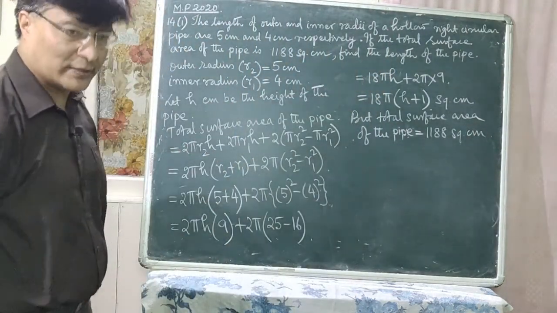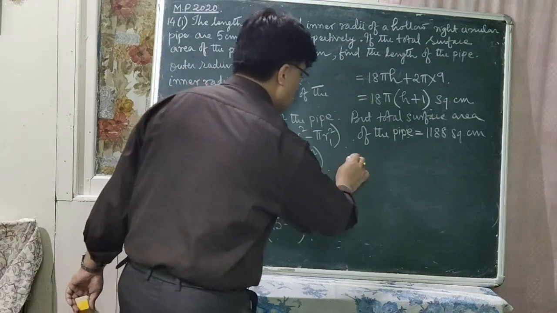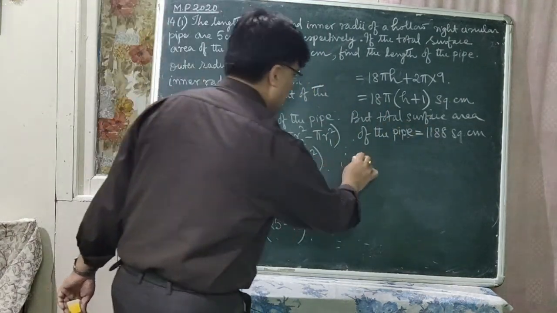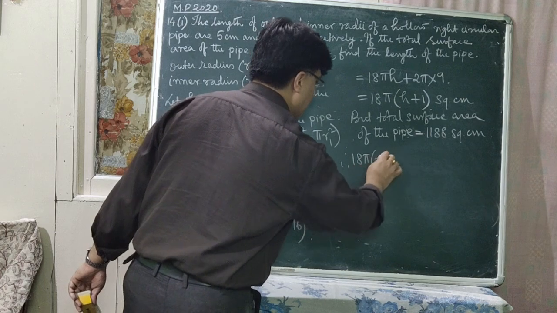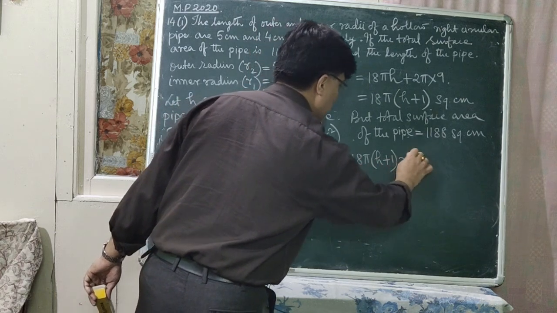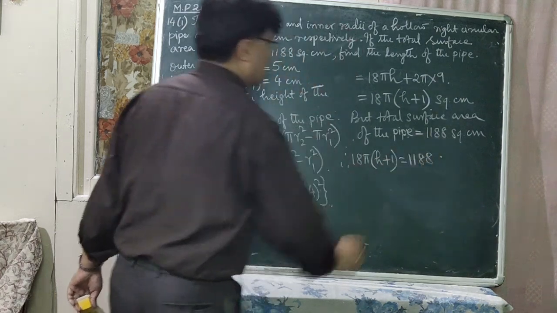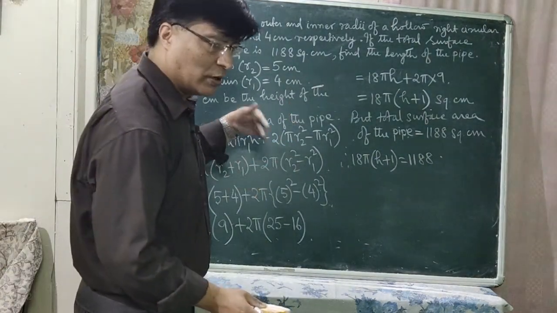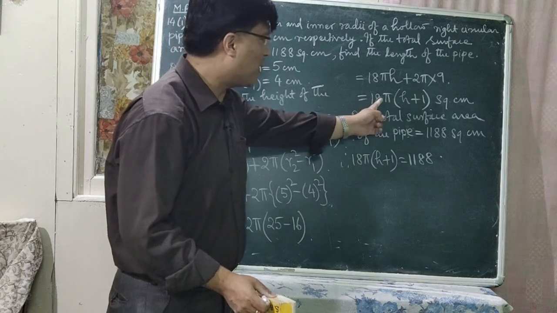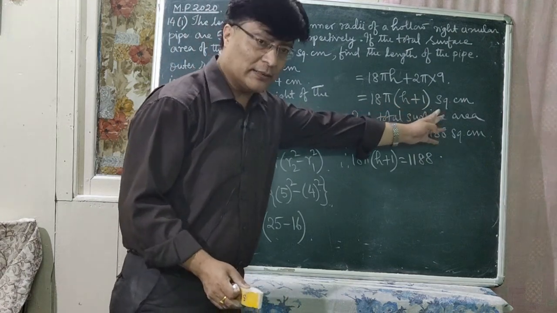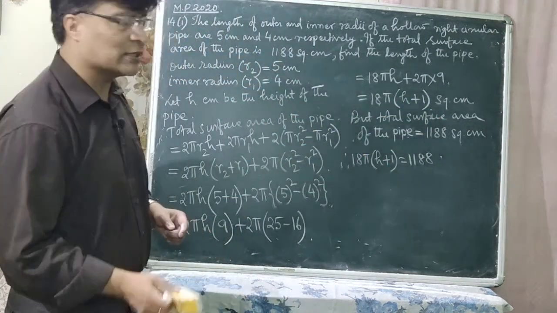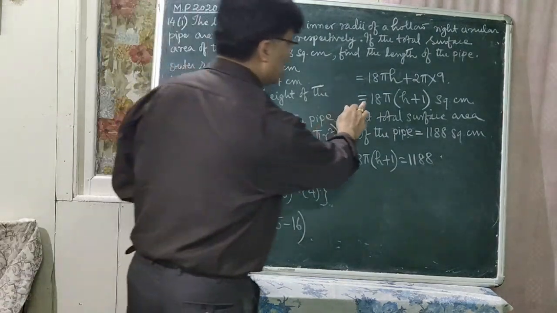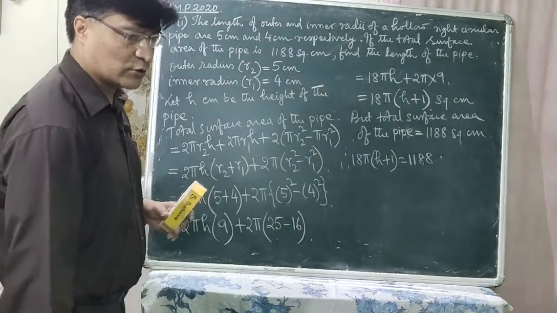So you can equate these two, okay? So therefore you can equate this and this, that is 18 pi within bracket h plus 1 is equal to 1188. We calculated using the formula 18 pi within bracket h plus 1, but what has the question given us? 1188 square centimeter, so we can equate these two.